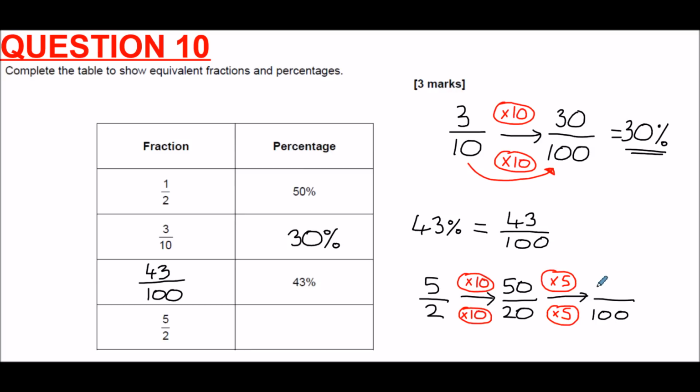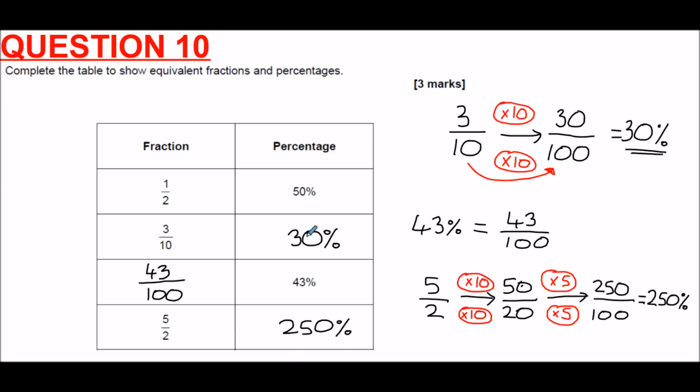Well, 5 times 5 is 25. Add on the 0, we get 250. And because this is now a fraction out of 100, that means 250% by the definition of what a percentage actually is. So this final one here will be 250%.